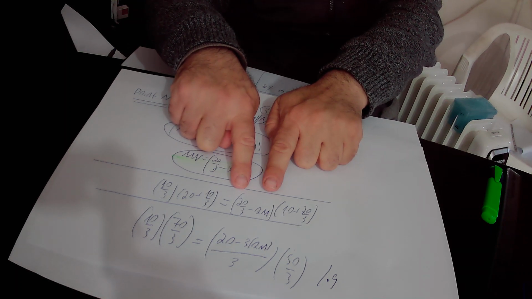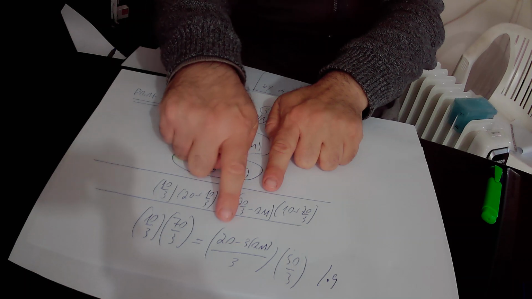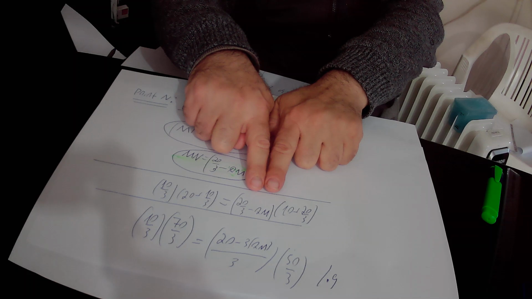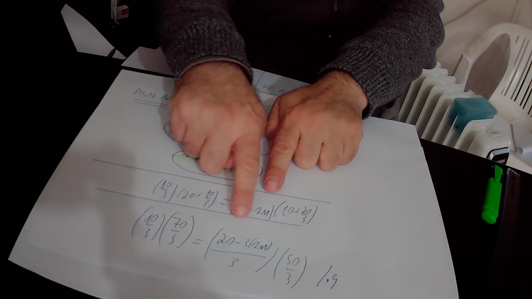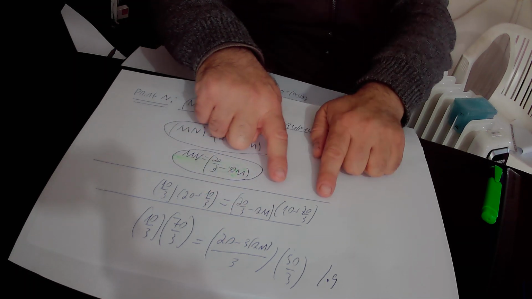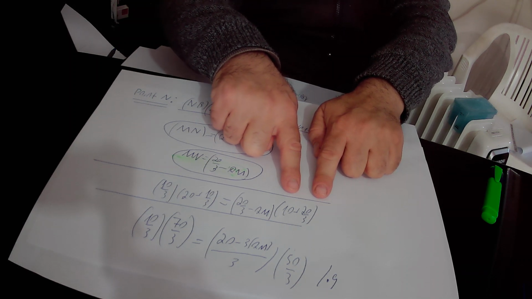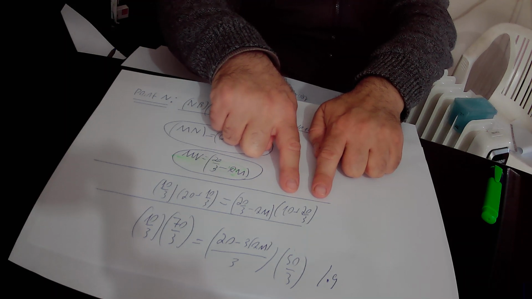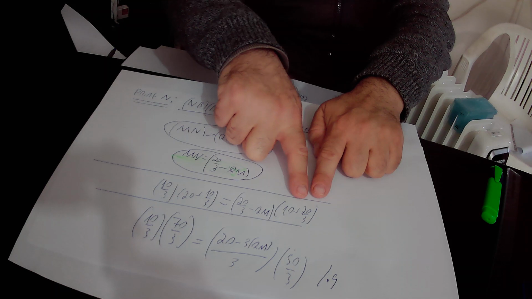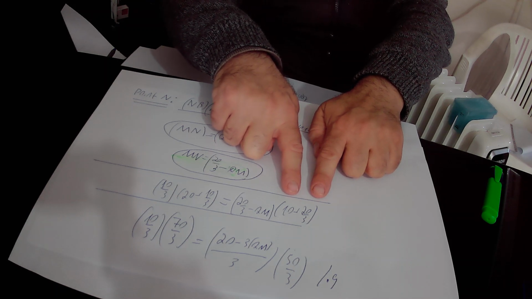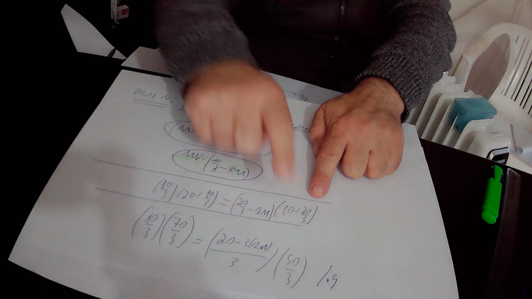So in the numerator we have 20 minus 3 QM divided by 3, times 10 plus 20 over 3. Here we multiplied 10 by 3 and then divided by 3 to overcome the factor with 20 over 3. 10 times 3 is 30 and 30 plus 20 is 50. So in the numerator of this expression, we have 50 divided by 3.